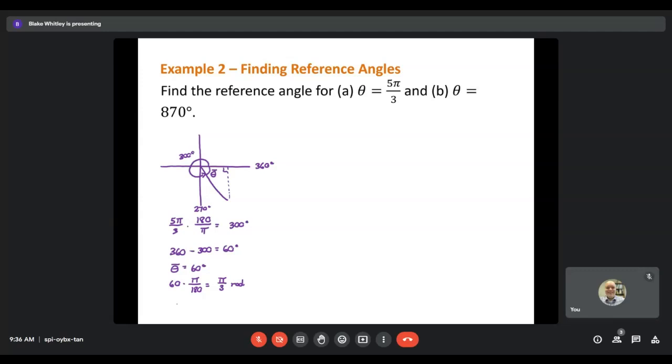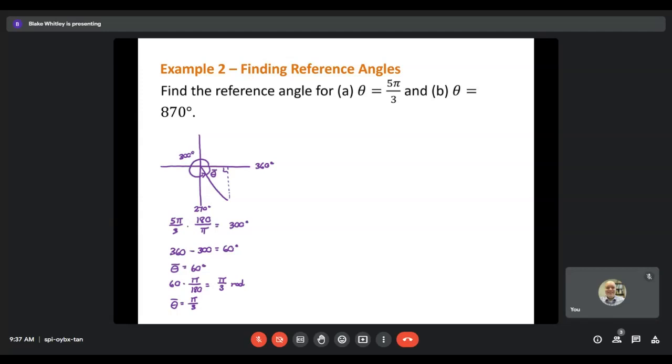So theta bar, or our reference angle, should be pi over 3 for this one. And again, as we go, you'll start to recognize where some of these radian measures are located without necessarily needing to convert to degrees. But for right now, if you need to do that conversion just to get a picture of where the angle is located, that's perfectly fine.